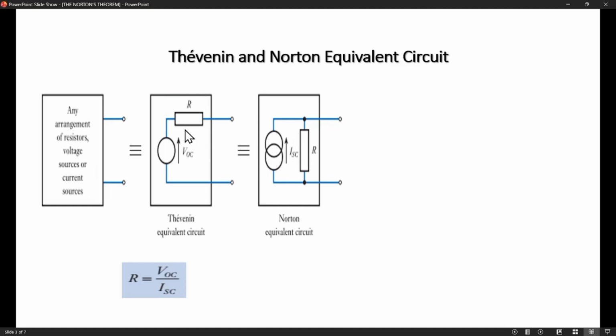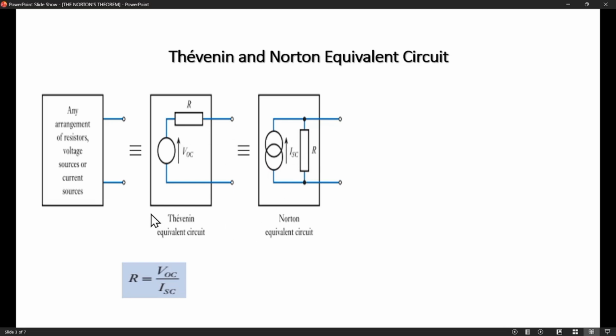In the Thevenin's equivalent circuit the resistor is connected in series with the energy source, where in Norton's theorem the resistor is connected in parallel with the energy source. Also, the energy source in the Thevenin's equivalent circuit is the voltage of the open circuit, where here the energy source is the ideal current in a short circuit.